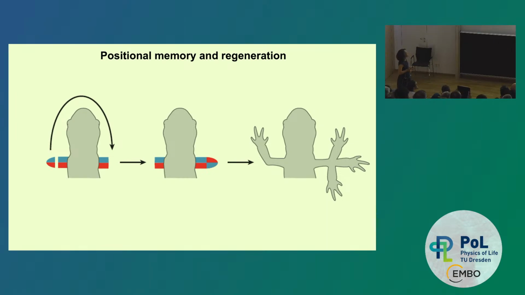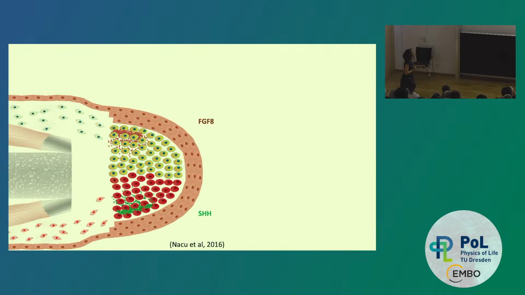Now, we were really fascinated by these kinds of grafting experiments, and over time, Eugene Nacu in the lab could show that this anterior-posterior requirement is represented by the fact that when you amputate the limb, posterior cells are poised to turn on sonic hedgehog, and anterior cells are poised to express FGF8 when they get into the blastema.